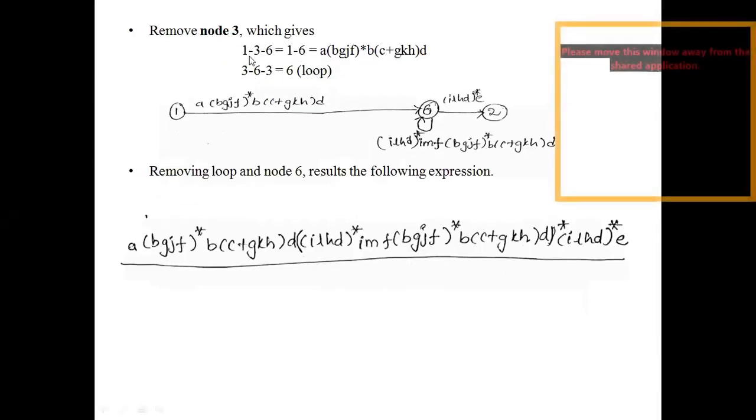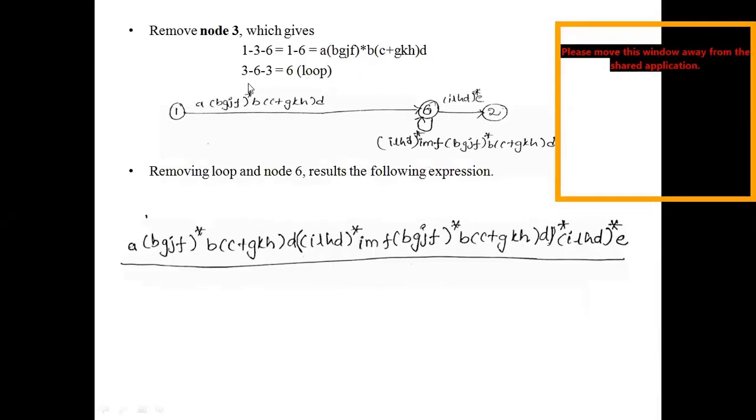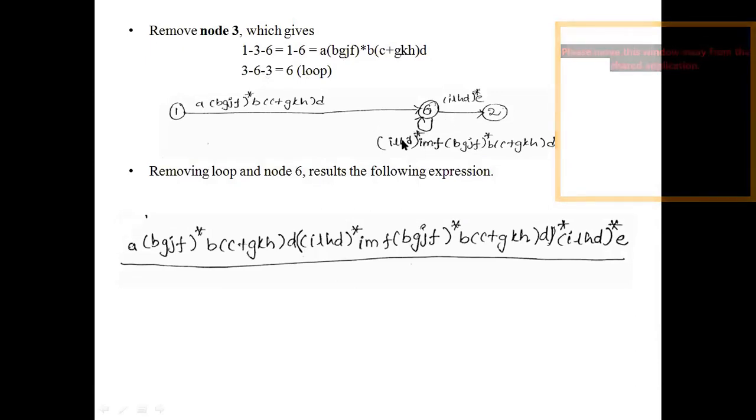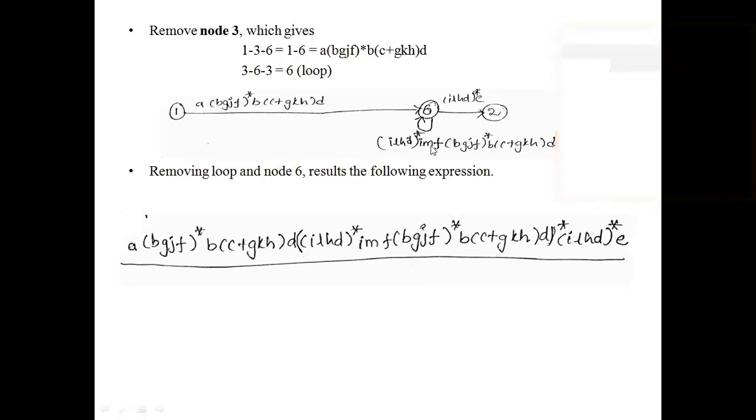Okay, so 1, 3, 6 will be the sequence path again, A into this particular link name, followed by the remaining. Next one 3, 6, 6. See, in 3, 6, 6, 6 is a loop, that has to be represented with the loop representation.